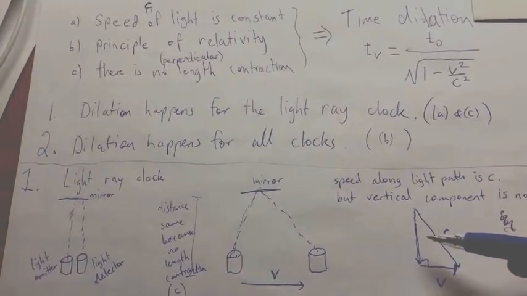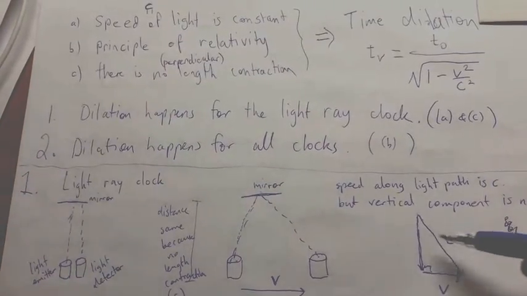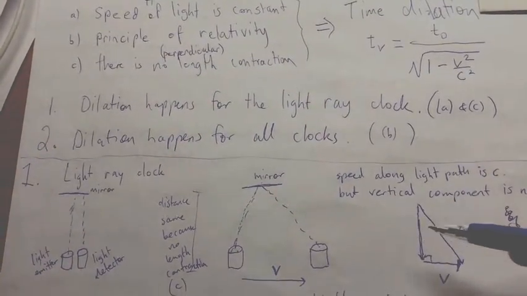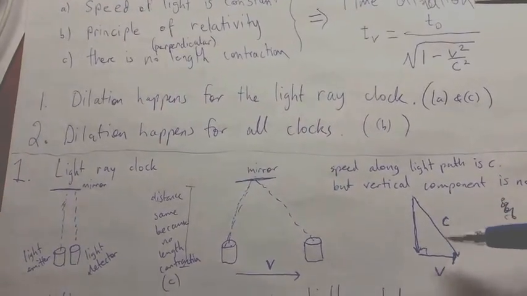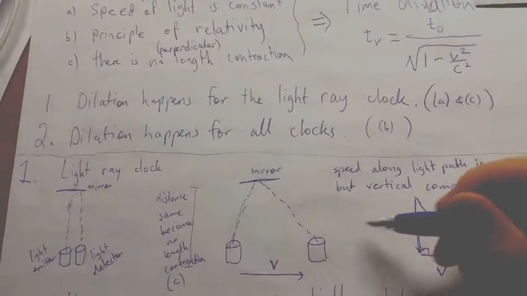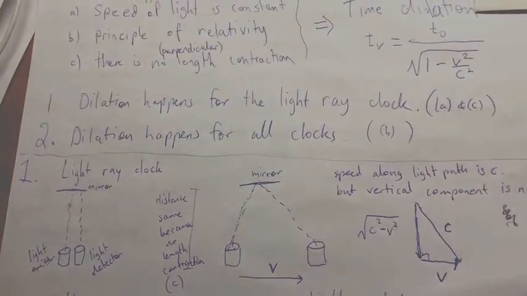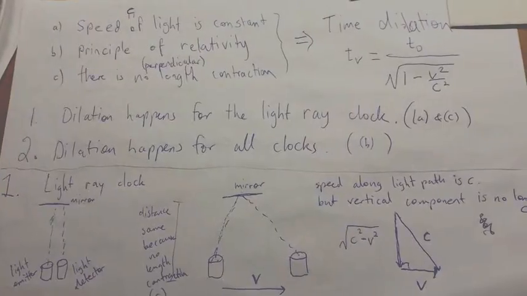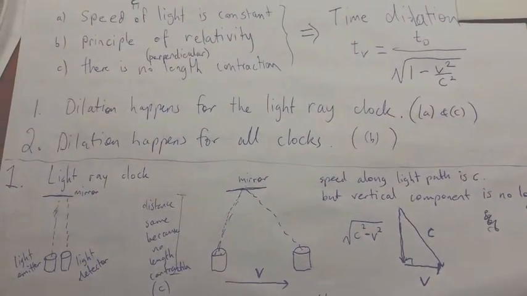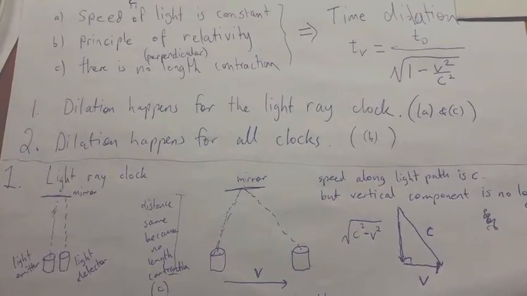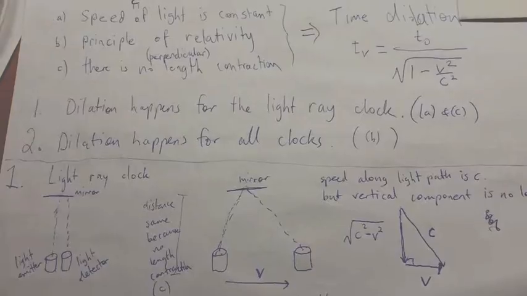So the vertical component will be, the Pythagoras output. So it'll be the square root of c squared minus v squared. Okay.